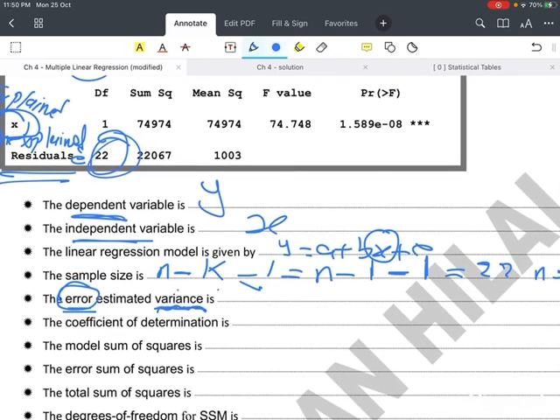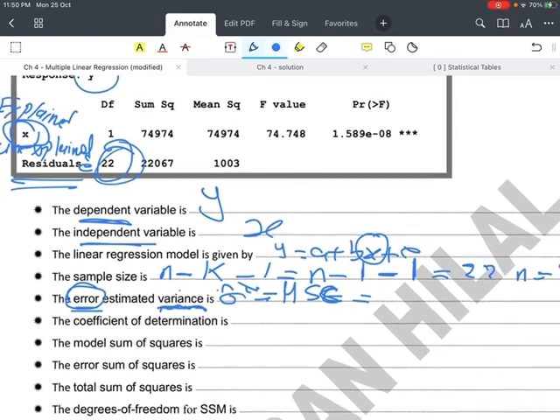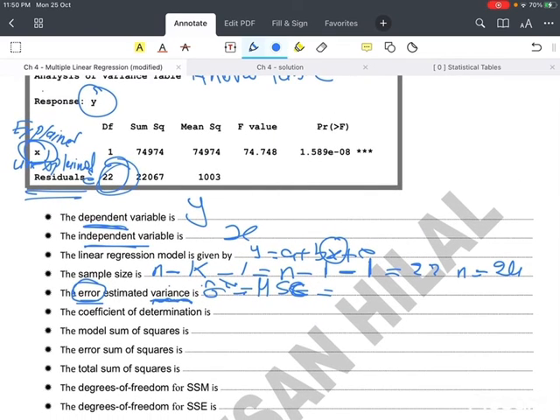The estimated variance, sigma square hat, is the same as the MSE. What is the value of the MSE? This will be the value, right? It will be 1003.